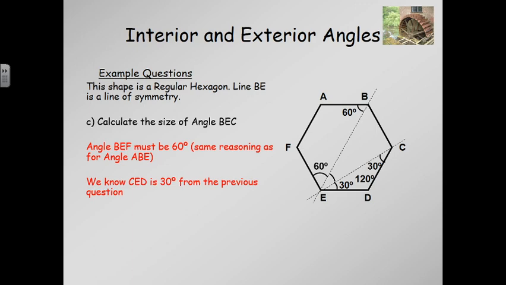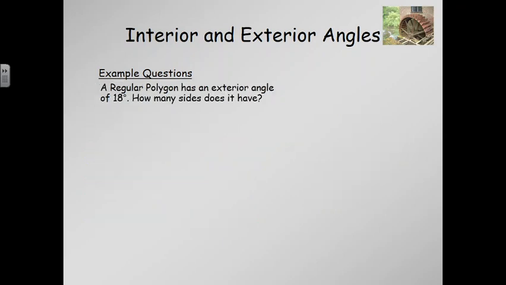And we know CED is 30 from the previous question, and we know that the whole thing has to total 120 because we've already worked out that. So by subtracting our 90 degrees, we're left with our angle here of 30 degrees.